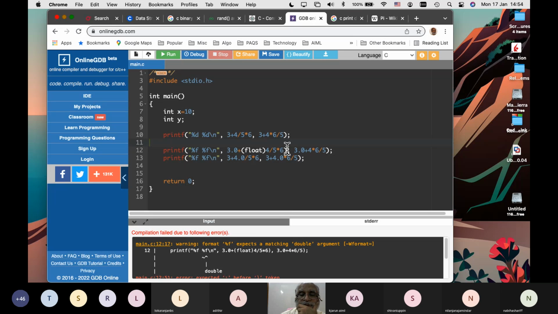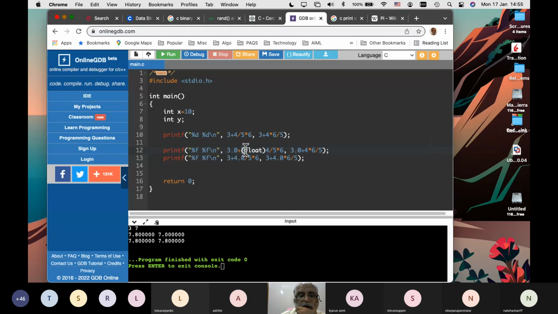See what is happening here. Because I'm typecasting 4 to float, the expressions become float, and then you get the right value. So everything is converted to decimal point. So it is 4.0 into 5, which is 20, divided by 5, so it is 0.8 into 6. It becomes floating point, which is 4.8, plus 3.0 becomes 7.8.